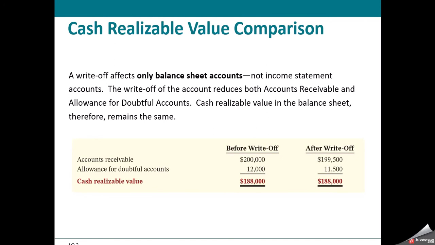So then here we have, again, this is comparing the before the write-off. So we had the $200,000 gross, the allowance for 12,000, so we have 188. Now that we've identified a specific one, you can see we reduced it here, but we took it out of there. So our net realizable balance is still the same. That remains the same even after that specific write-off.